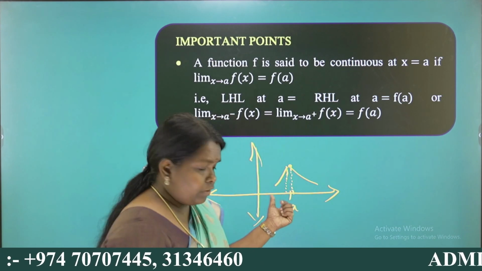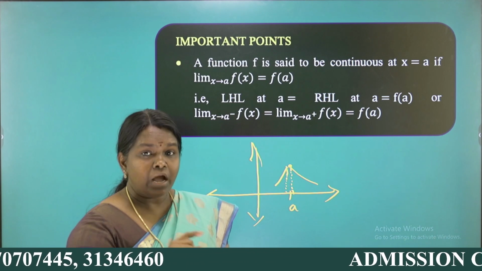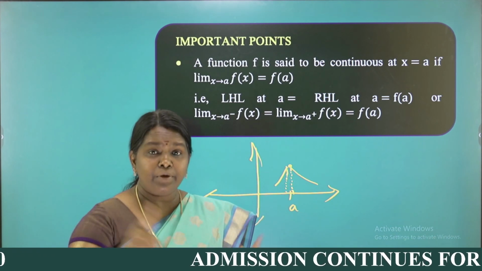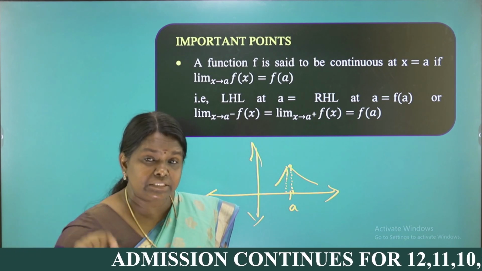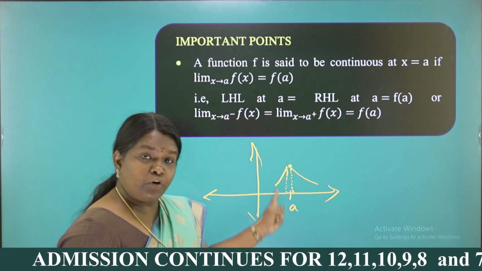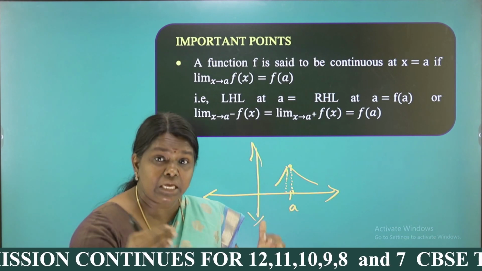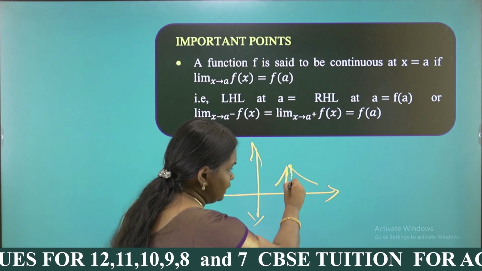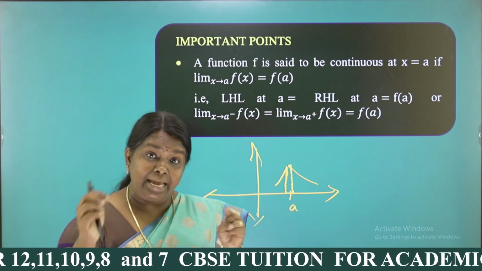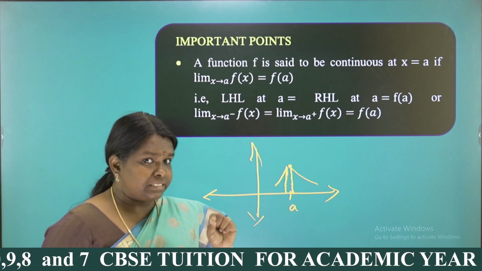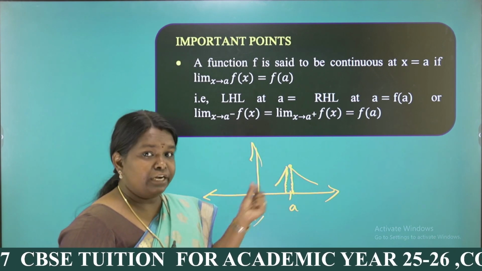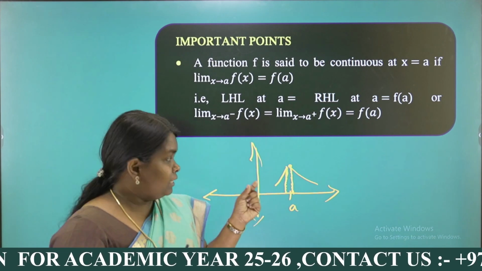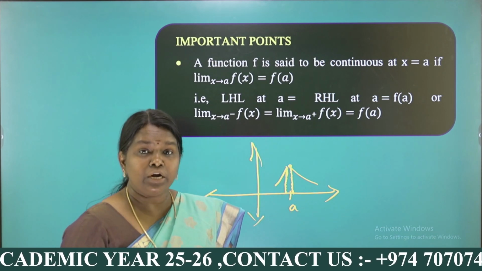One value is to the left of a and one value is to the right of a, but you can see the y coordinates of these two points, f of a minus h and f of a plus h, are equal, because this length is equal to this length. That means LHL equals RHL, but still you can see a discontinuity over there. Why is it discontinuous? Because at x equal to a, the function is not defined, correct?